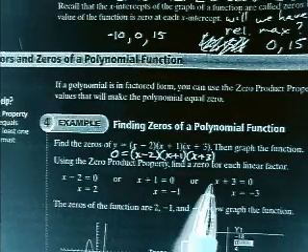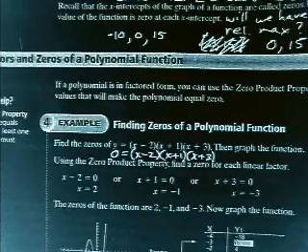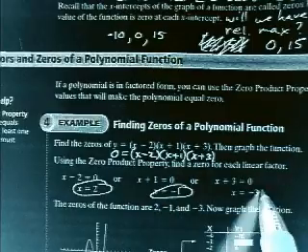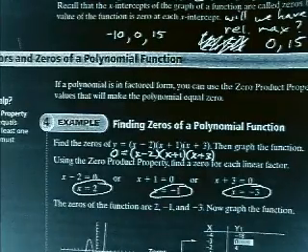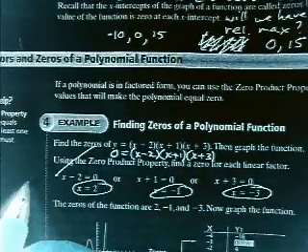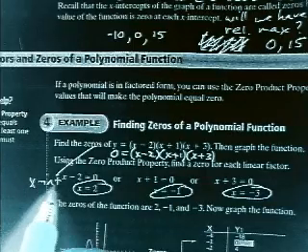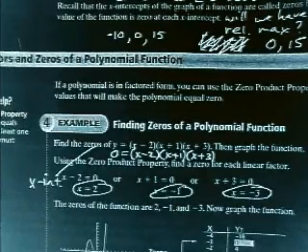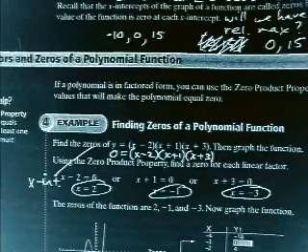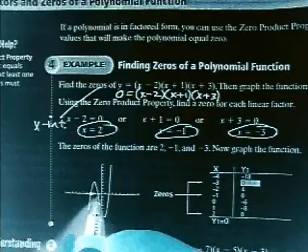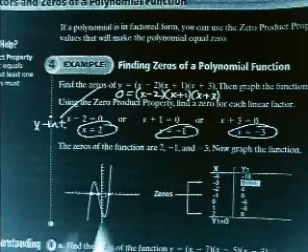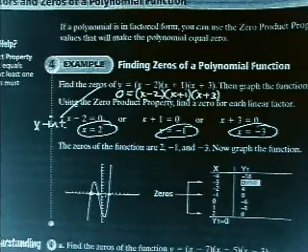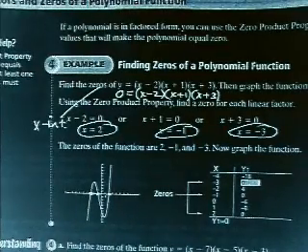So set them equal to 0 and solve them, and you come up with 2, negative 1, negative 3. Remember that zeros of a function, that's a fancy term for x-intercepts. So you're going to come to your graph and plot your points. 2, negative 1, negative 3.